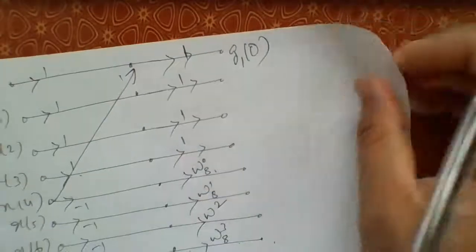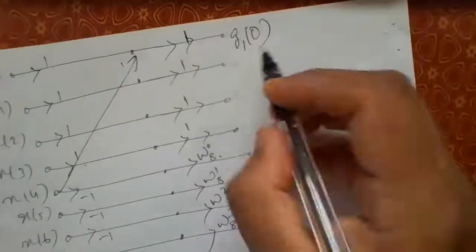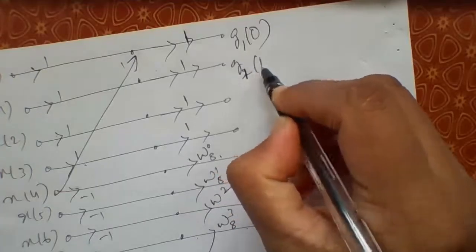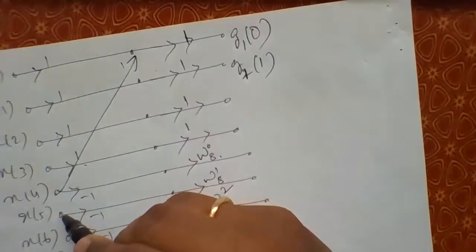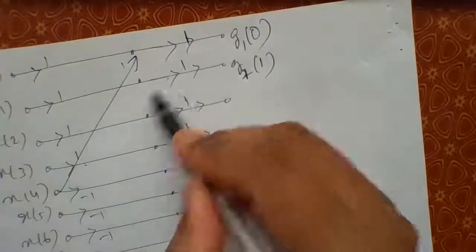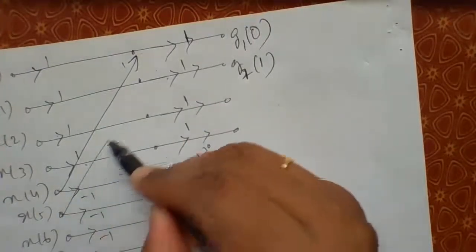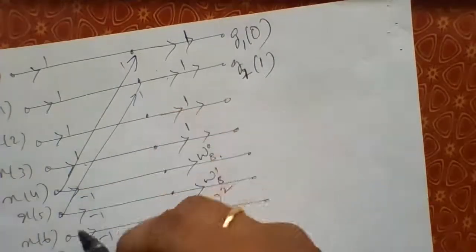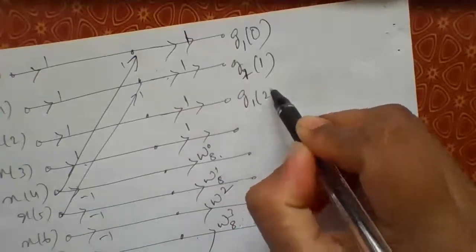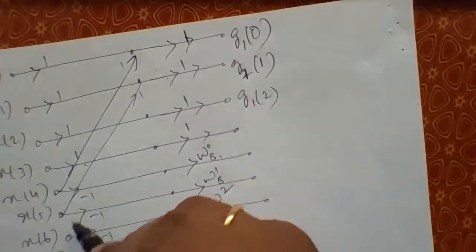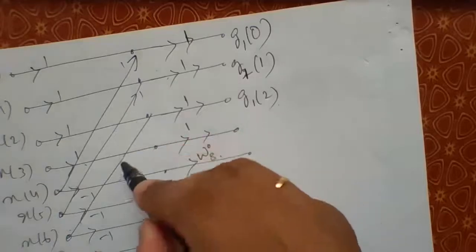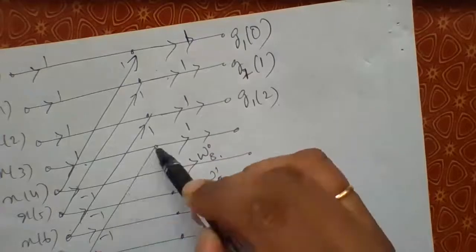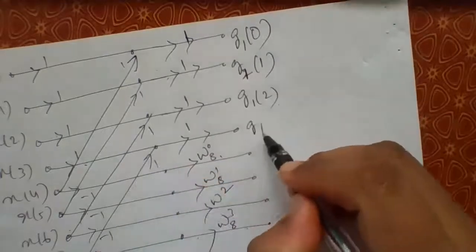Next we are going to generate G1 of 1. It is the addition between x of 1 and x of 5. So here I'll join and write 1 on the branch. Similarly, G1 of 2 is the addition between x of 2 and x of 6, and similarly the last one, G1 of 3.